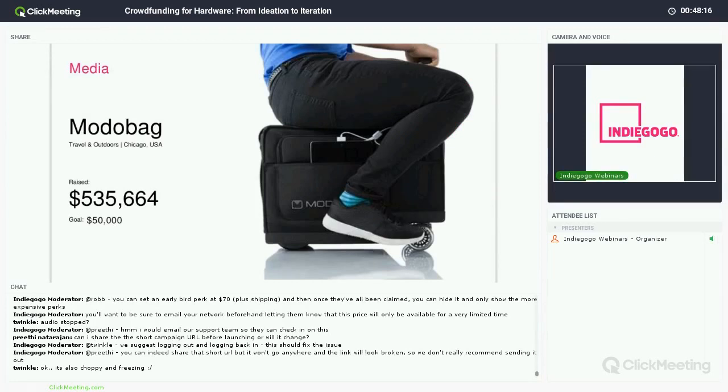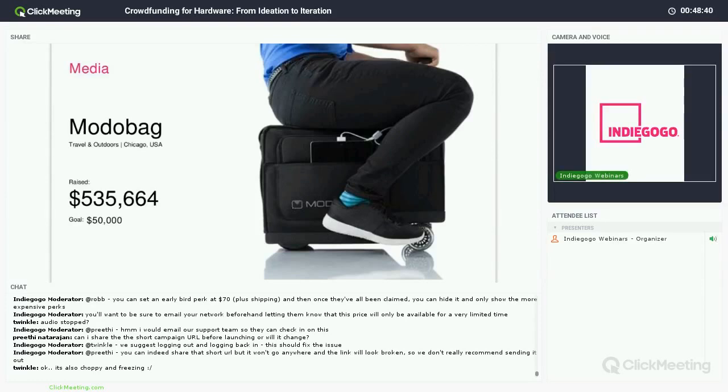Motobag is just one example of a campaign that really leveraged press releases and the news. They launched, and word got spread, and they really benefited because of PR, basically.